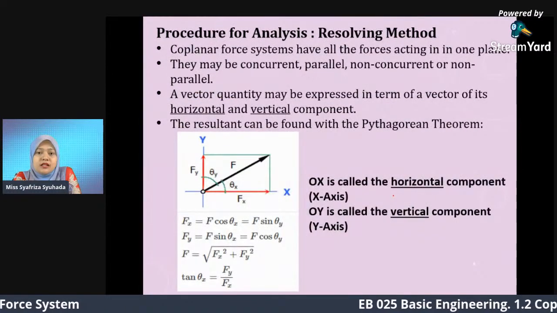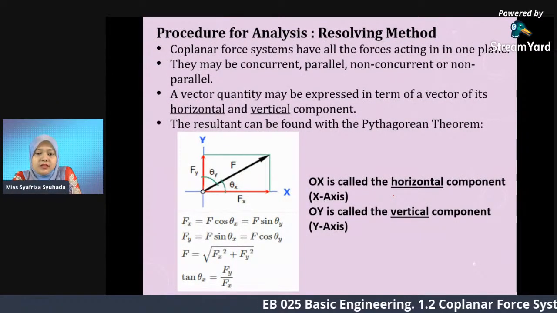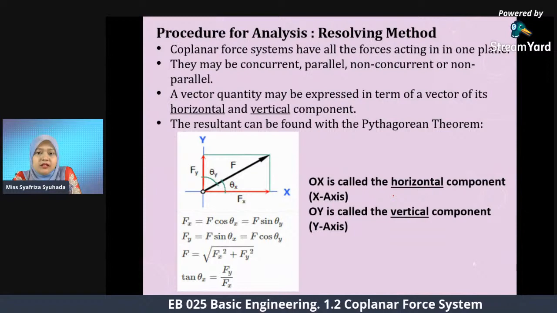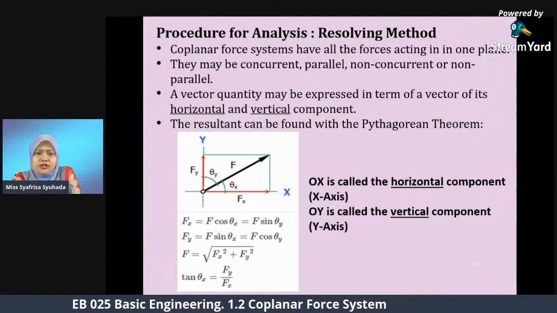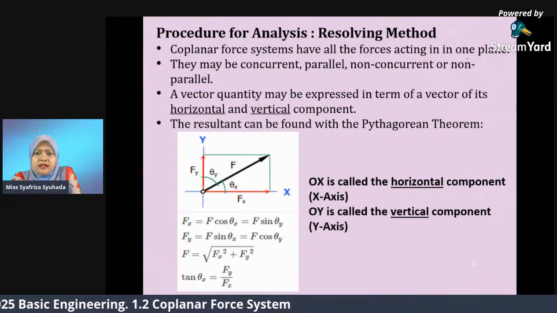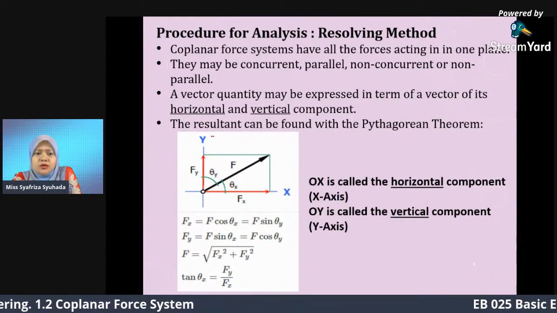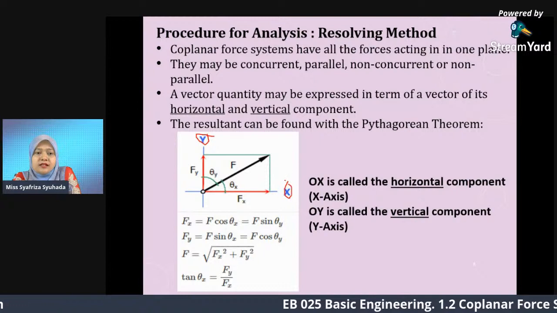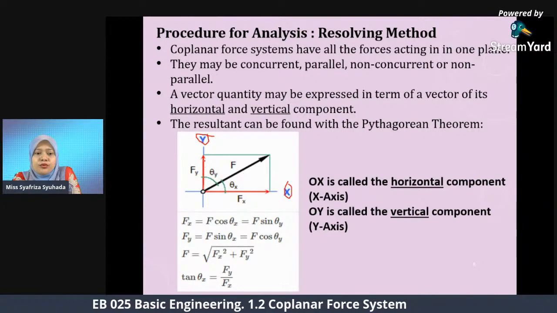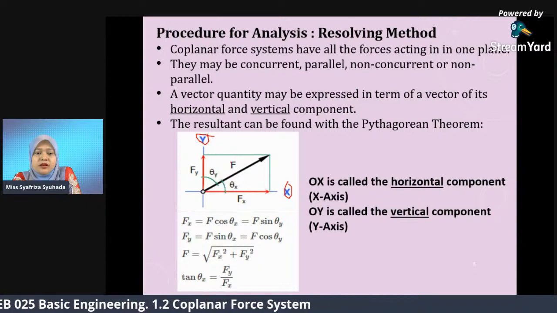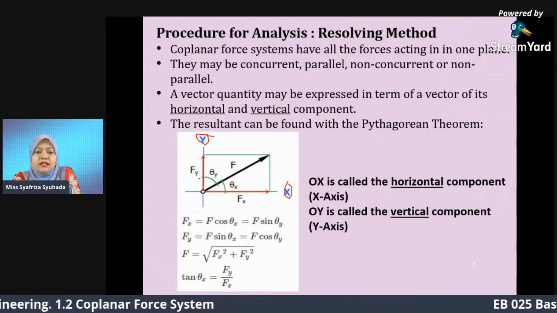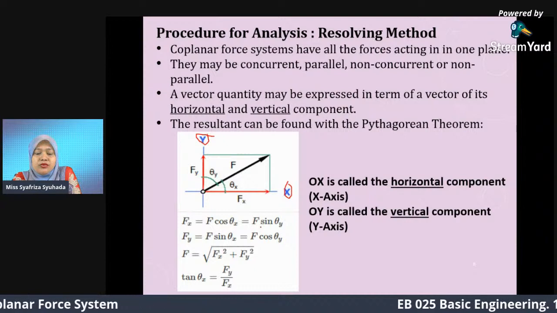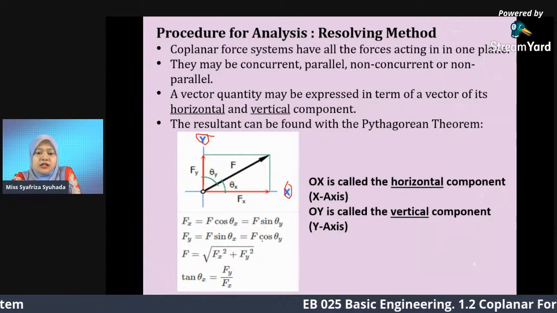Okay, and the last one is the coplanar method. The coplanar method can be used when the forces act in one plane. That means we have the y-axis and x-axis, so we have to resolve. For example, F, we have to resolve into component y and component x by using sine and cosine. And then how to find the magnitude?